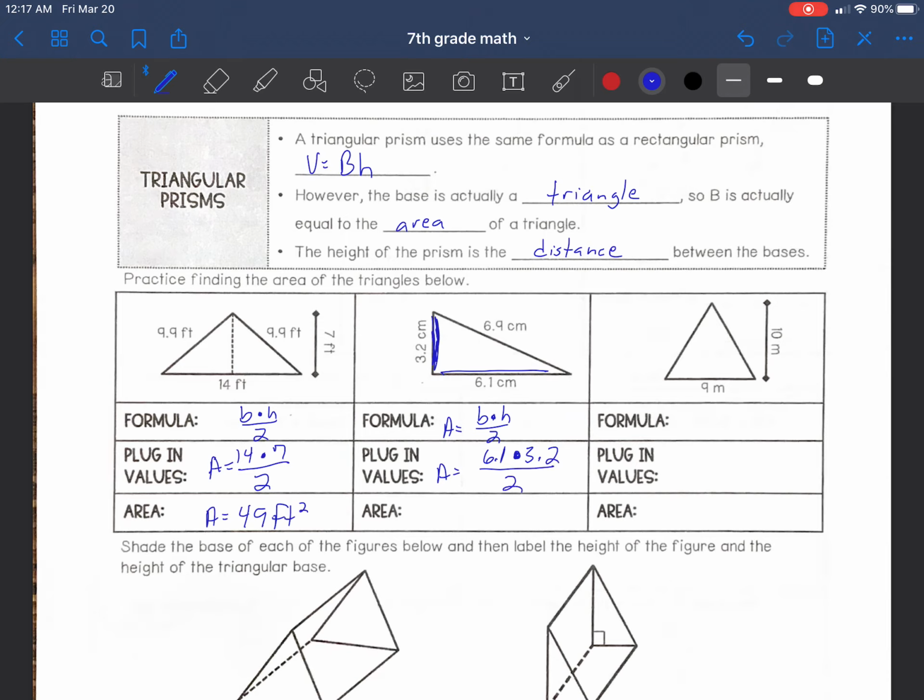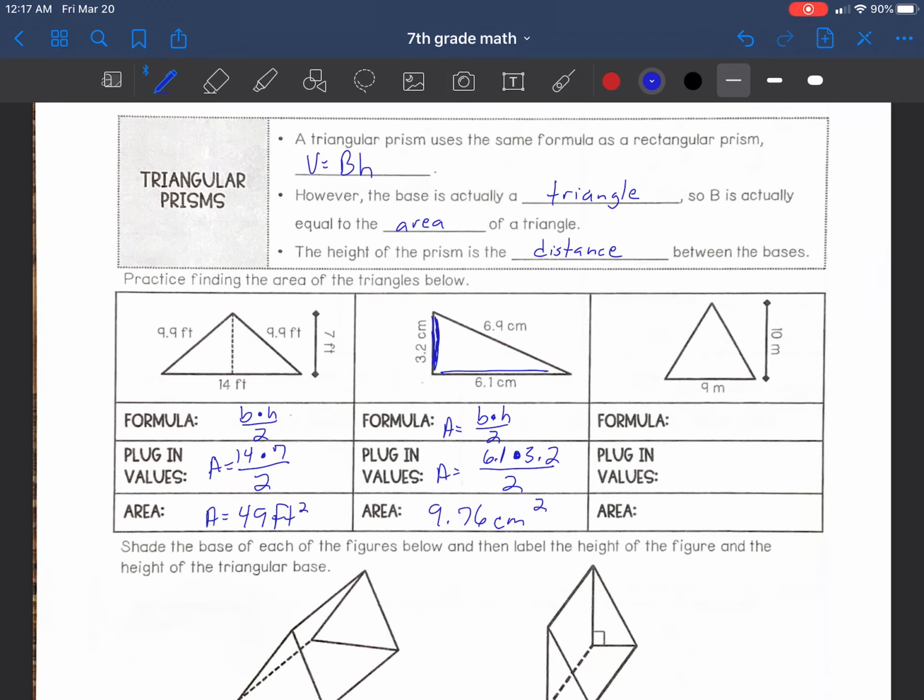Once we multiply those two numbers, 6.1 times 3.2, then we divide by 2 and get 9.76 centimeters squared. When we're getting answers, let's stop at the hundredths place.